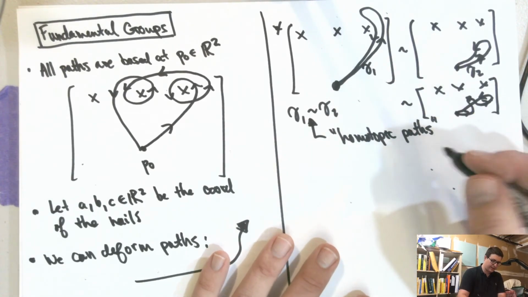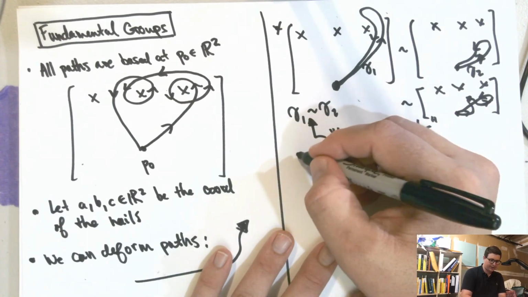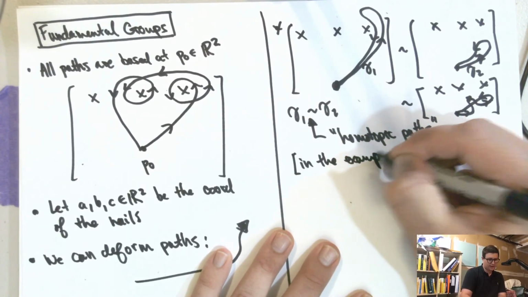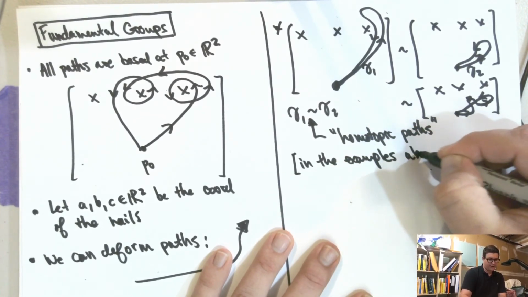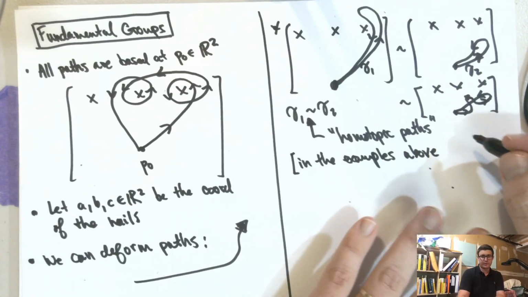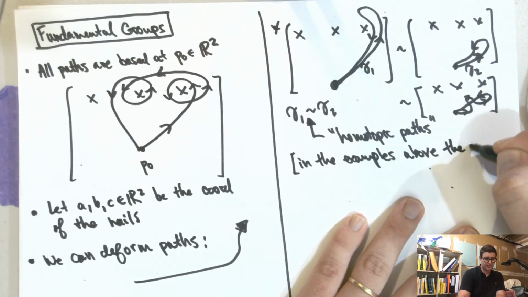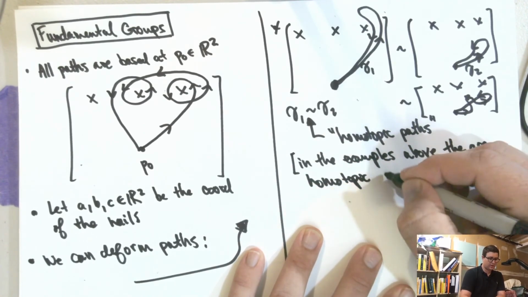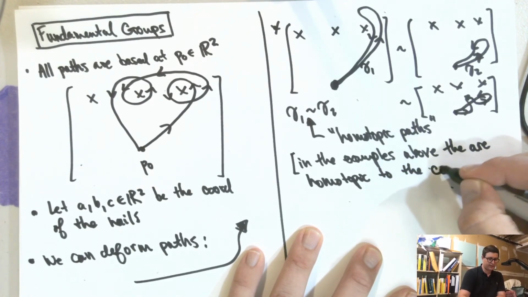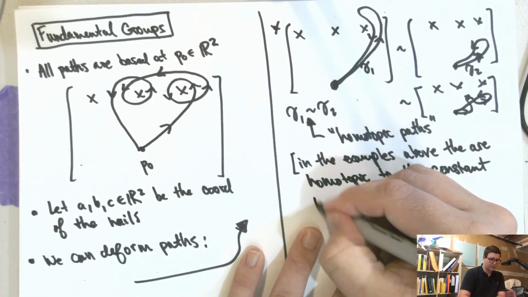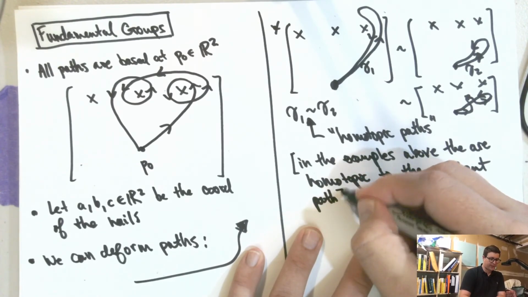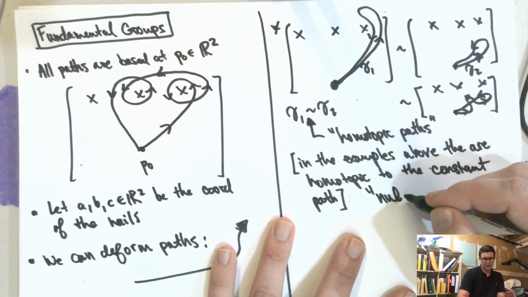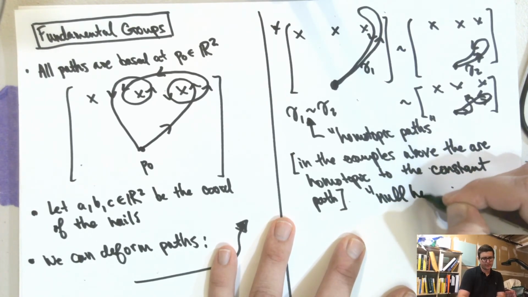In the example above, they are all homotopic to the constant path. So what's the constant path? The terminology for this is null homotopic.